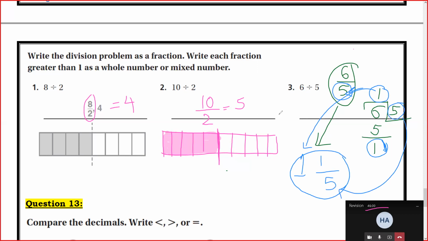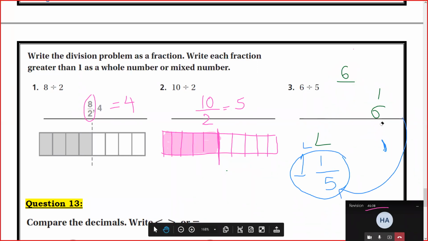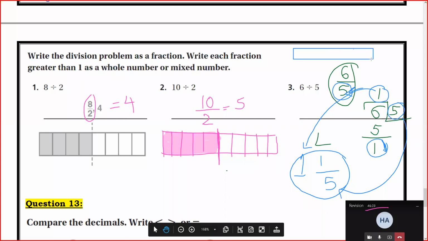Okay, got it now? So if I want to draw it, if you want to draw it, it comes like this. Here we have 5.